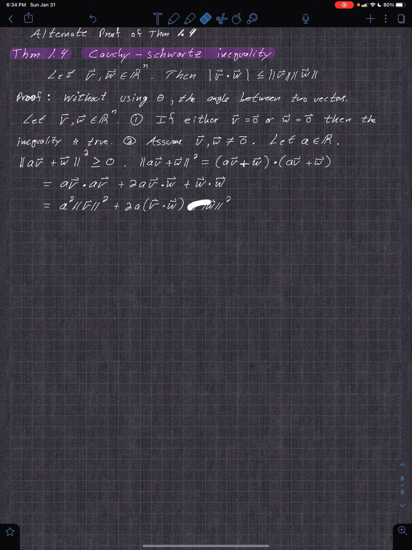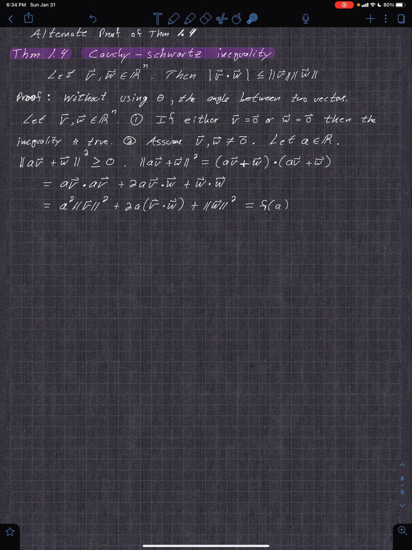Oops, I should have just started over. Little notation stuff. Okay, so magnitude W squared. All right, so we're going to call that f of A. So that is a function of A.